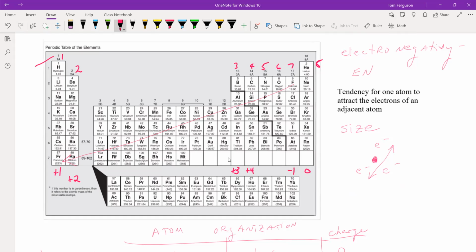The next group over, a -2. -3. And what about the next group over from there? -4. So the problem with group carbon, it doesn't know whether to go +4 or -4, so it doesn't form any ion.